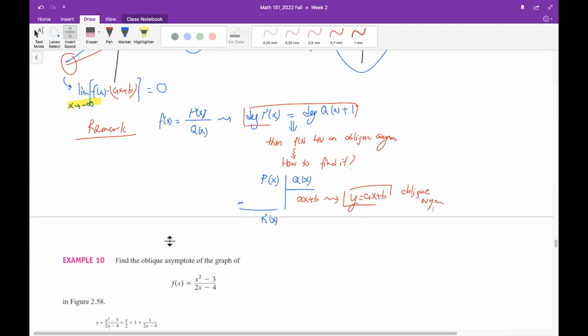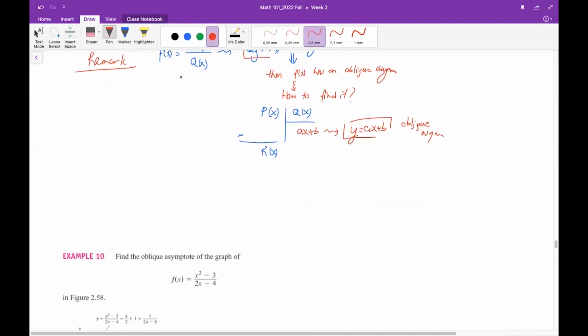Okay, so after doing this polynomial division, how do you re-express your function? Let me remind you. p(x) over q(x) can be rewritten in terms of the quotient and remainder like that. You write it like ax plus b plus remainder over q(x). Okay, this part is your oblique asymptote.